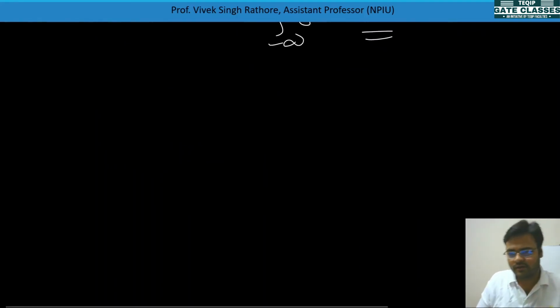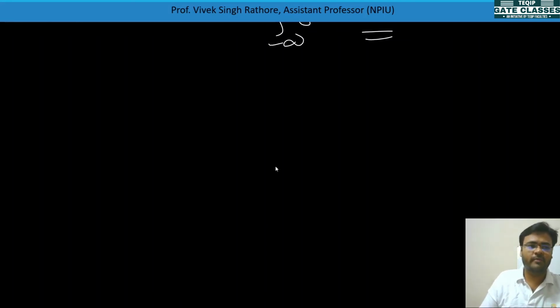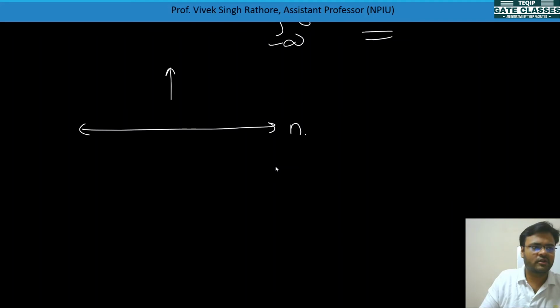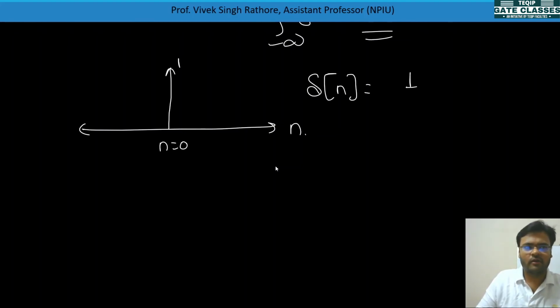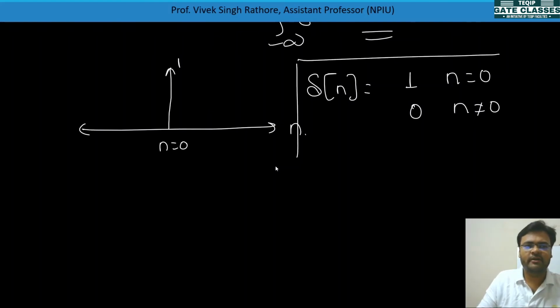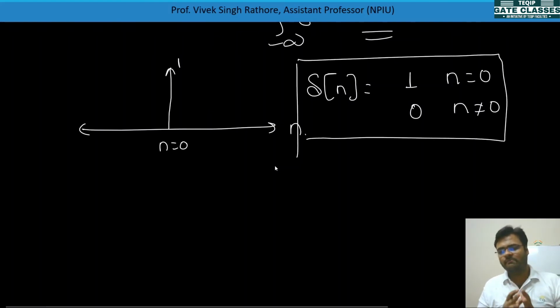For the discrete domain, the impulse exists at n equal to 0 only, and the value will be 1. So delta n is 1 for n equal to 0, and 0 for n not equal to 0. This is the mathematical representation of the impulse signal in discrete time.